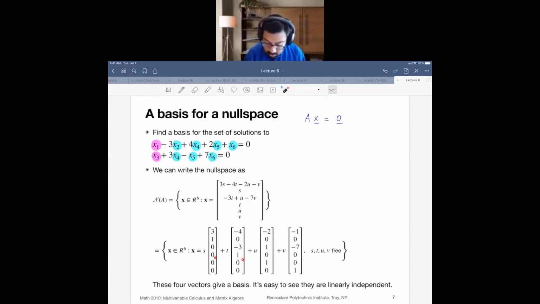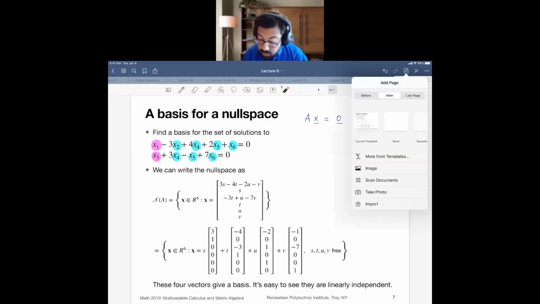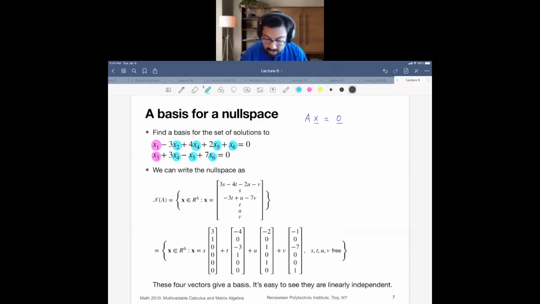These 4 vectors have to satisfy 2 properties. One is that they have to be linearly independent, and we'll prove that in a minute. The second is that they have to be a spanning set. We went from the solution set to these vectors, so if you think backwards, yes, they span all of the null space. So to finish, what is my answer, the basis of my null space?